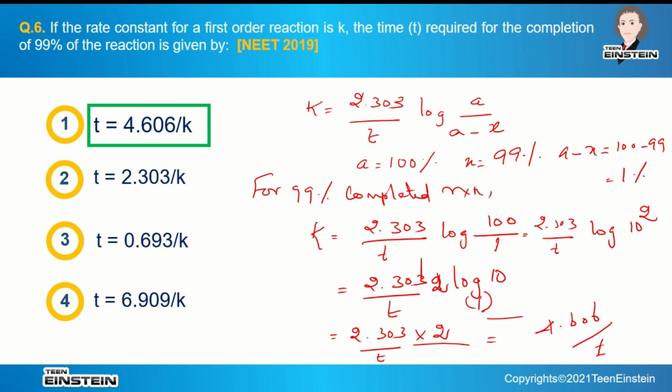So the time required for this reaction is T = 4.606/K. So the correct answer is 4.606/K. So option number 1 is correct.